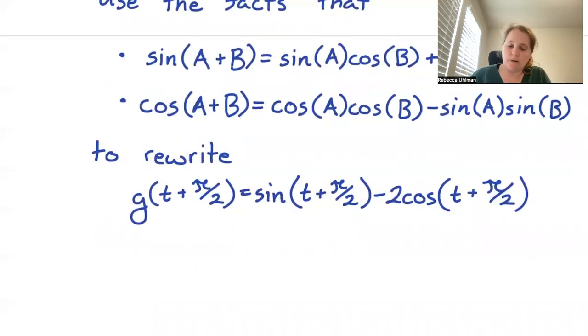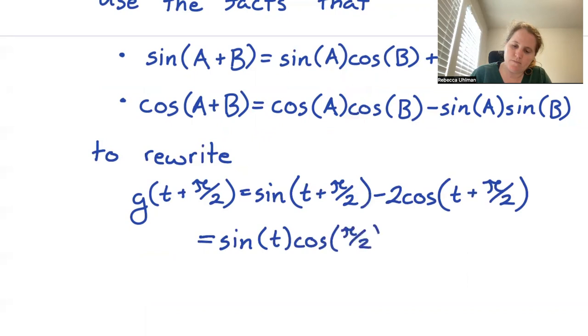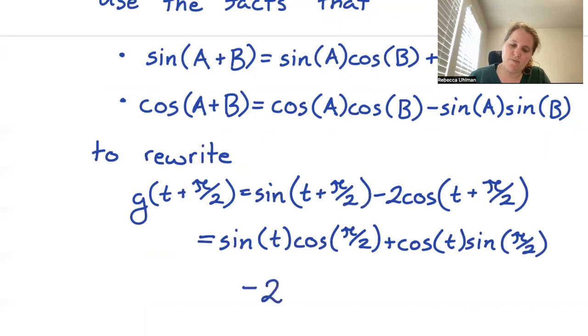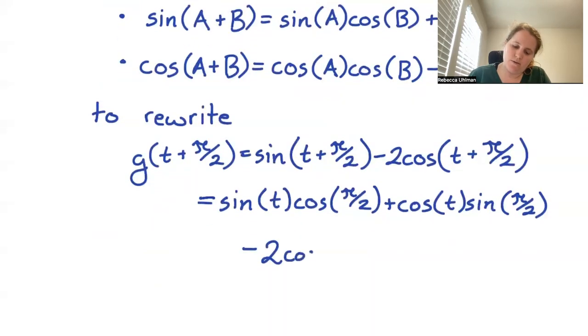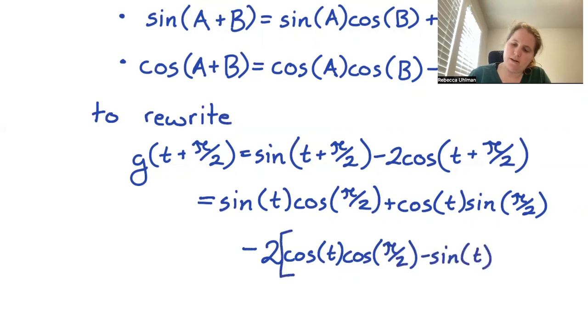So that sine of t plus pi over 2 becomes sine of t times cosine of pi over 2 plus cosine of t times sine of pi over 2. And then we are subtracting 2 times cosine of t cosine of pi over 2 minus sine of t times sine of pi over 2. The 2 is multiplying those last two terms I wrote out.